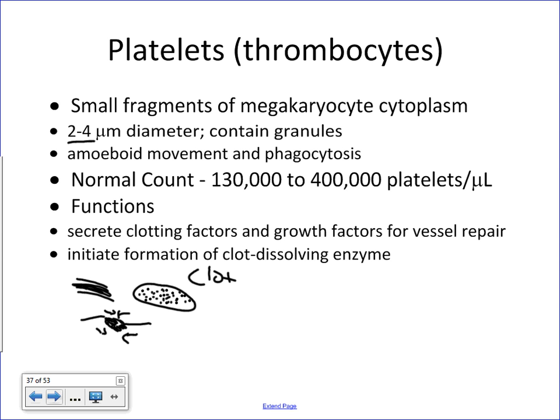Okay, and normal platelet counts tend to run between about 130,000 to 400,000 platelets per microliter. Typically, if you go greater than this value, then a person may be susceptible to forming too many clots and may develop what's called a thrombosis.